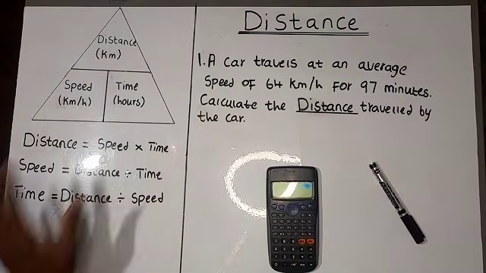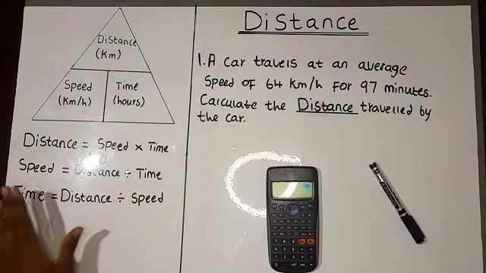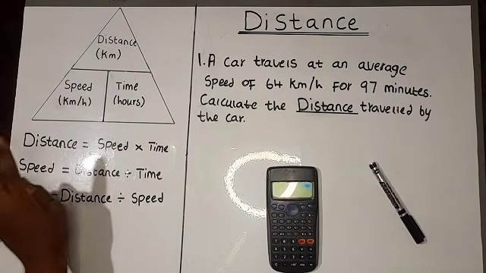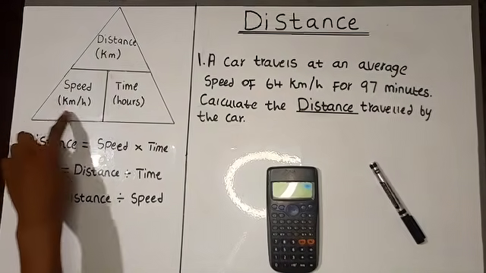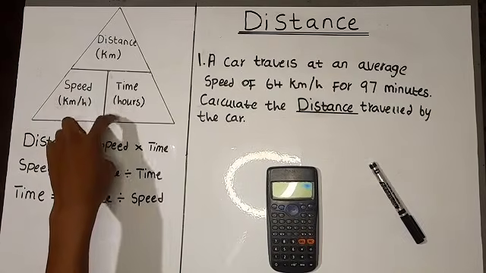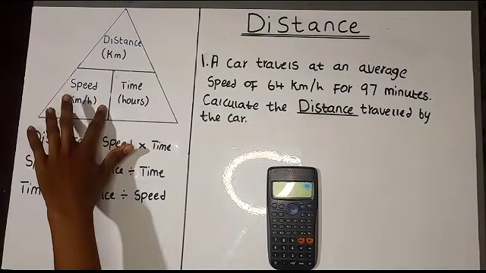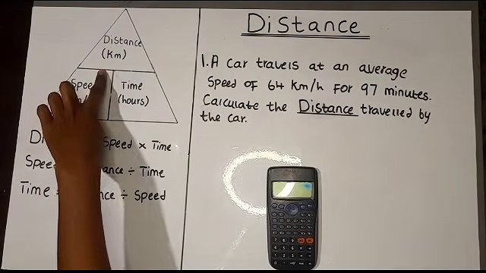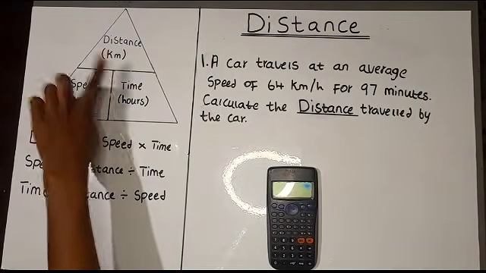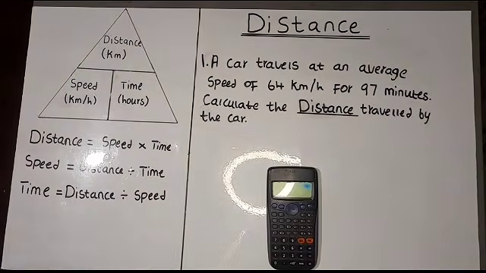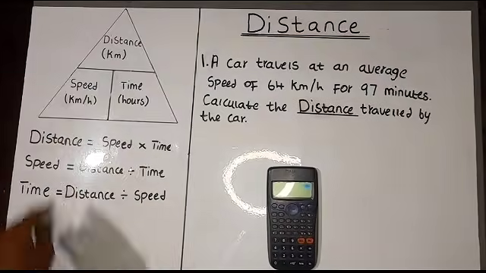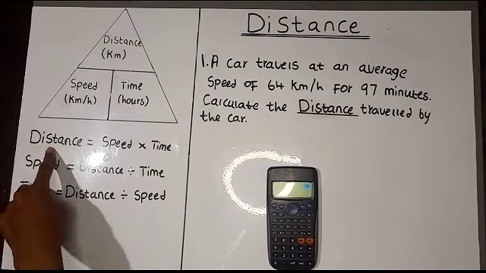So this is how the triangle works. The formula to calculate distance is speed multiplied by time. The vertical line stands for multiplication and the horizontal line stands for division. So let's look at the formulas. You will understand what I mean by the lines. So let's say we're now calculating distance.